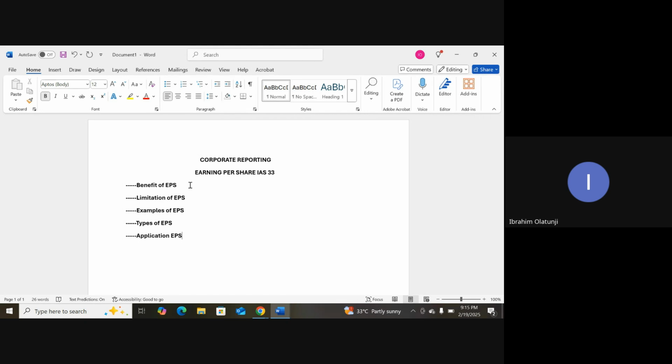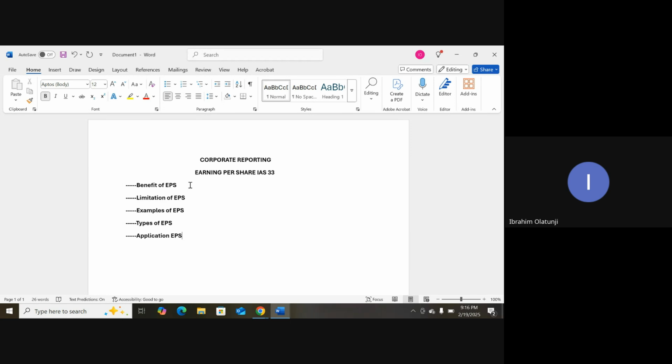Now when we look at the limitations of earnings per share, because something that has a benefit may also have a limitation, we can ask whether there is any limitation for earnings per share. One limitation is that it is historical in nature and may not be suitable for future prediction.